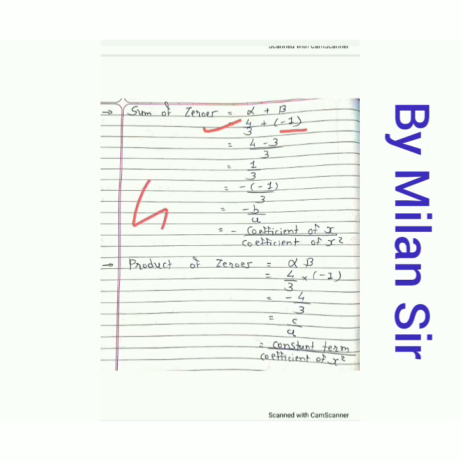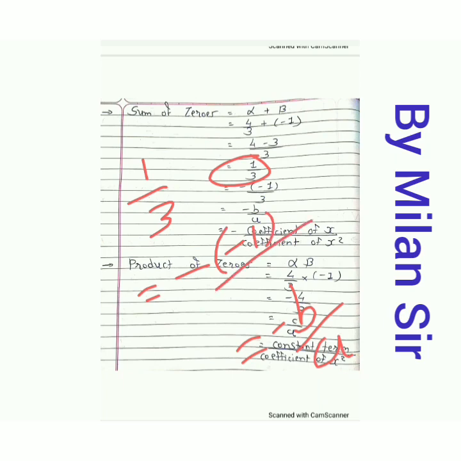Now we need to take the LCM, right? So 4 by 3, and 1 is 3 divided by 3. So 4 minus 3, 1 by 3. Okay, so we get 1 by 3 as the answer. Skip the next step and directly write down minus b by a. First of all the minus sign, then the value of b is minus 1 and the value of a is 3.